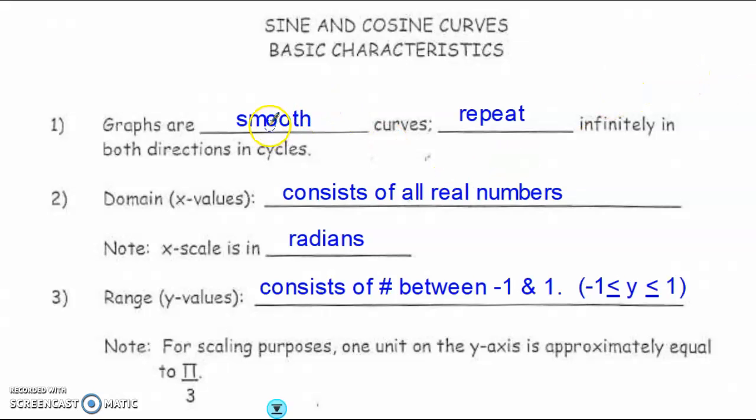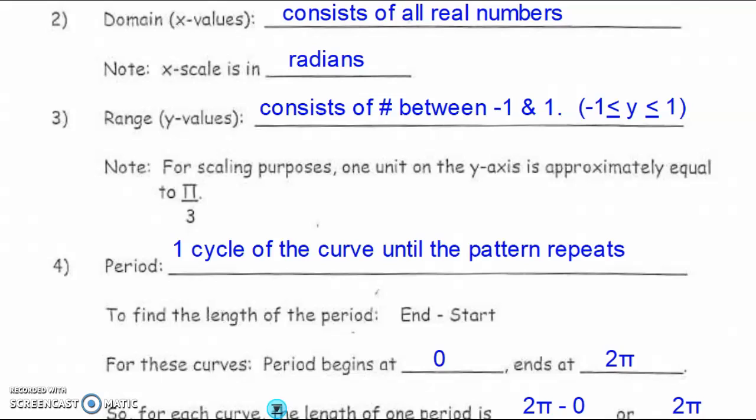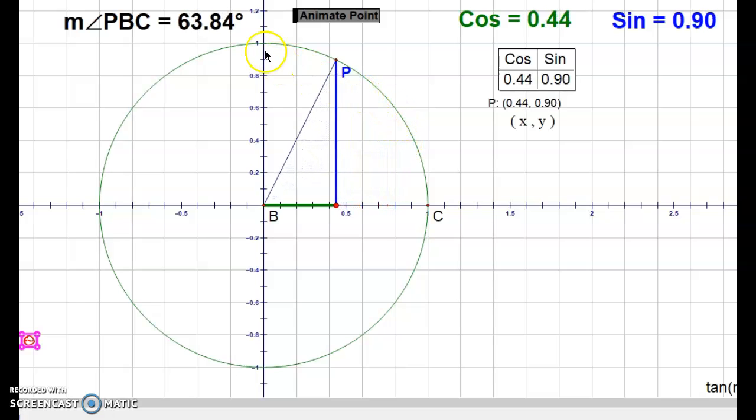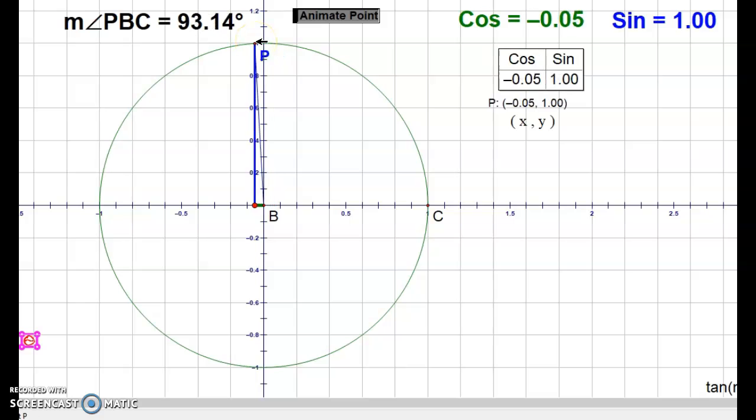Graphs are smooth curves, and they repeat indefinitely in both directions. Our x values, the domain, are all real numbers. Notice the scale: the x-axis will be in radians. My y values, notice, only go from 1 to -1.